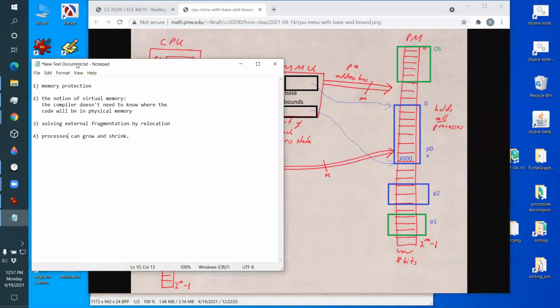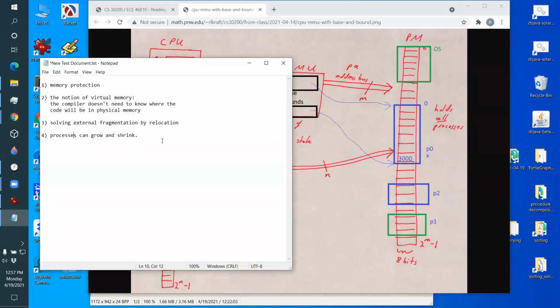Now, there's a couple of things that are missing. What we also want to be able to do is deal with something called internal fragmentation.